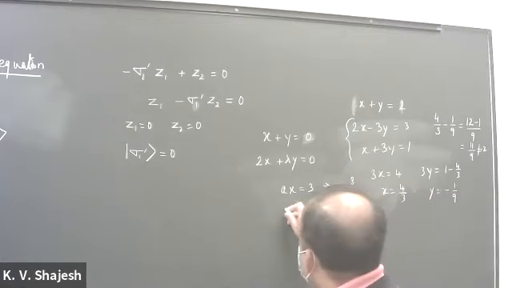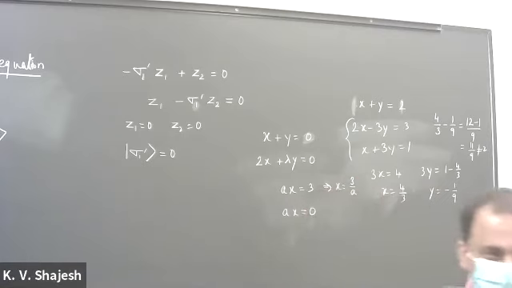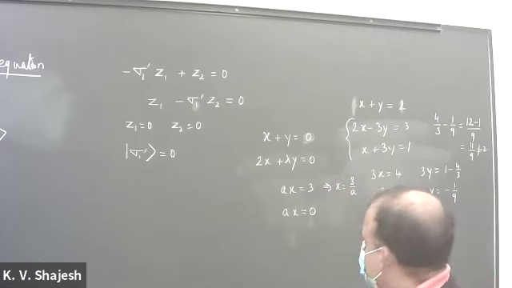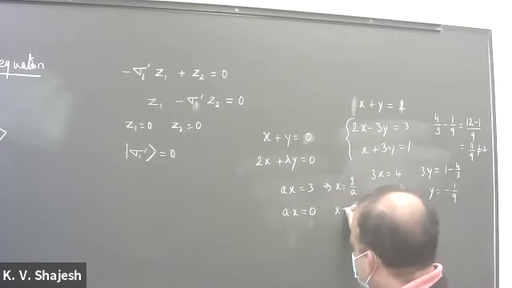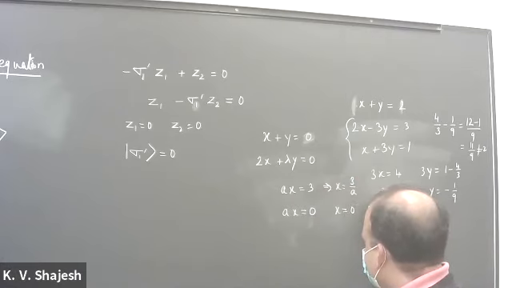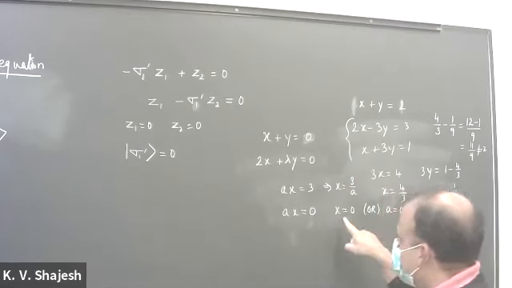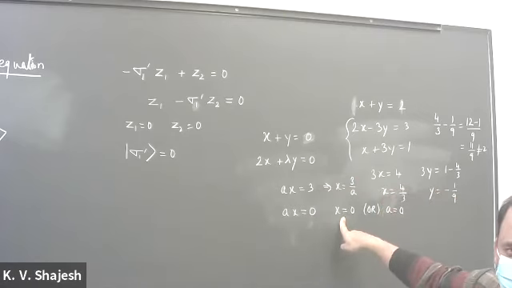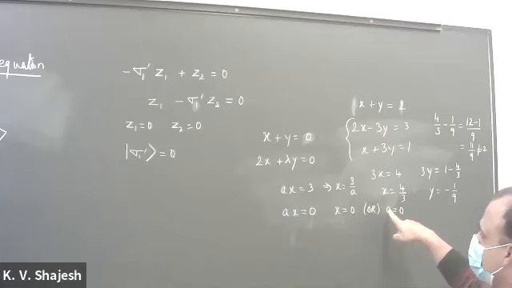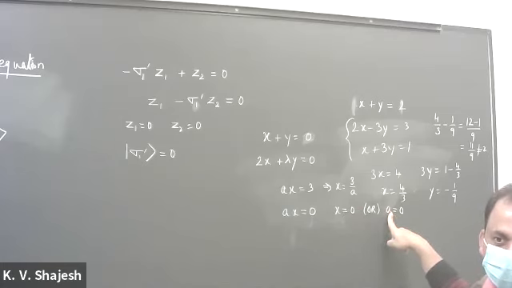But now let us say it's 0: a x is equal to 0. What are the solutions? a equal to 0 or x equal to 0. If I say x equal to 0 is the trivial solution, a equal to 0 becomes the non-trivial solution.